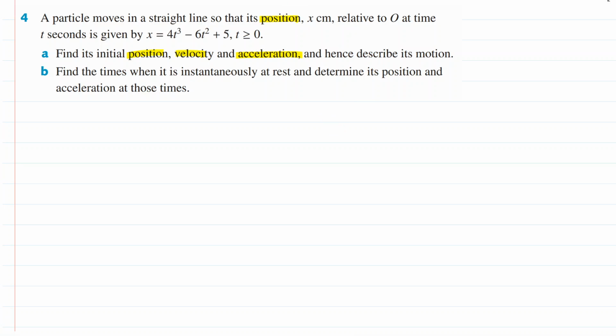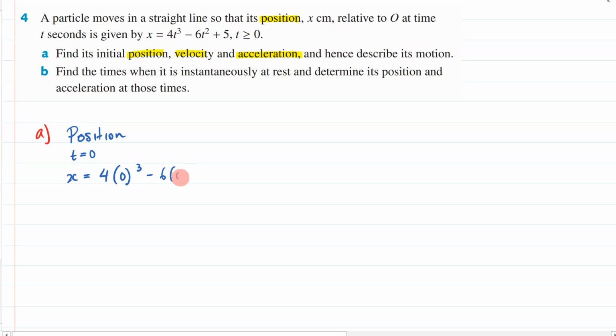Okay, so what we're going to do here is, for question A, I need to find its initial position, velocity, and acceleration. So let's take the position first. To find the initial position, all I'm going to do is say, well, when t is equal to 0, and I have x is equal to 4 times 0 cubed minus 6 times 0 squared plus 5, x is going to be equal to 5.